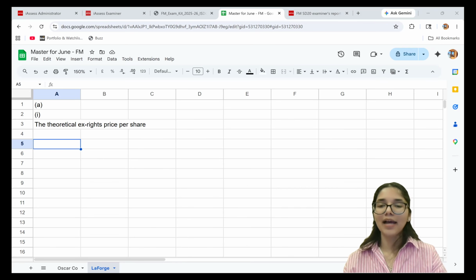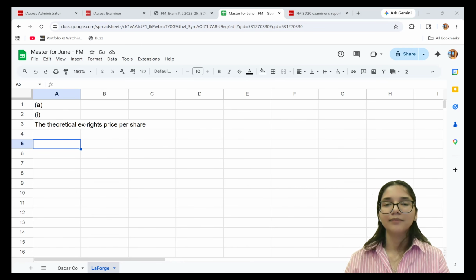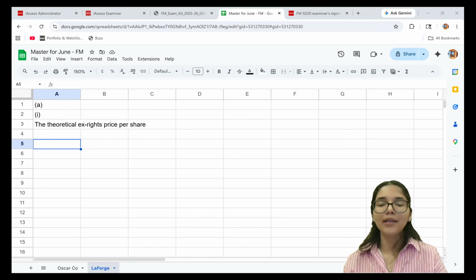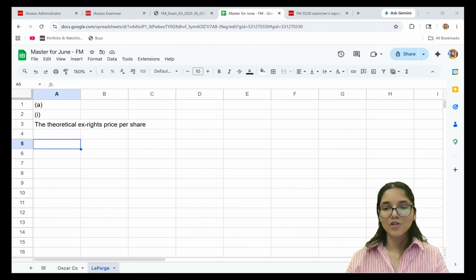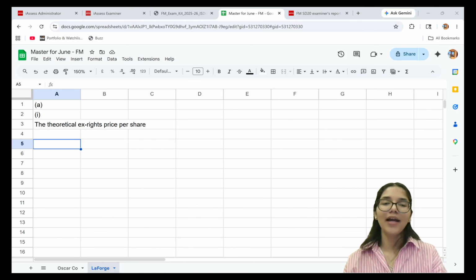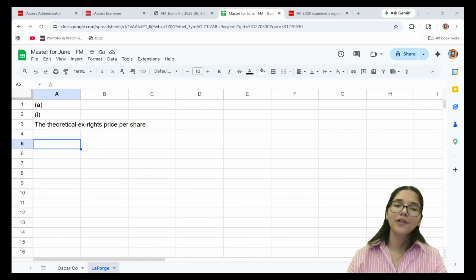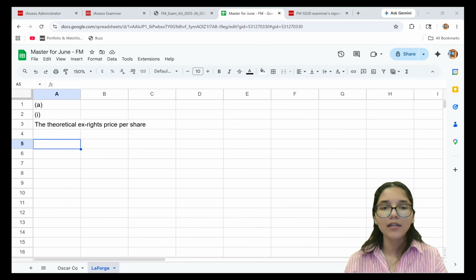How is TERP calculated? Yes, whatever was the value of the company before the rights issue, plus the proceeds that we get from the rights issue, and then we divide it by the total number of shares that are there with the company after the rights issue has actually taken place.